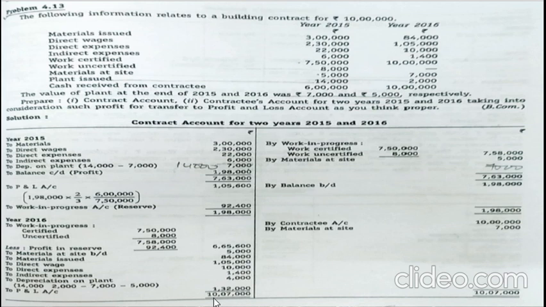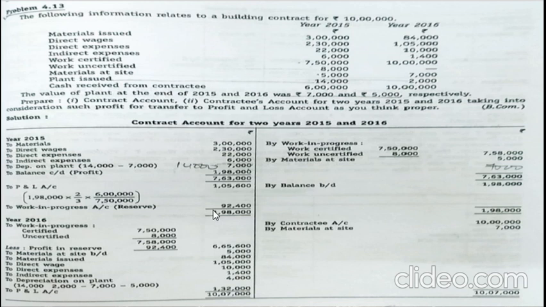Here, as the contract is completed, there is nothing to be transferred to your reserves account. Only when the contract is incomplete or not completed up to the required percentage, a certain amount will be transferred to the reserve to use that money for the upcoming contract work. But here the contract is completed, so the entire amount will be transferred to your profit and loss account.